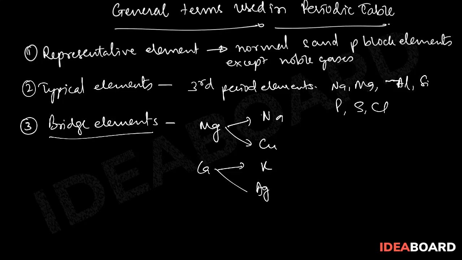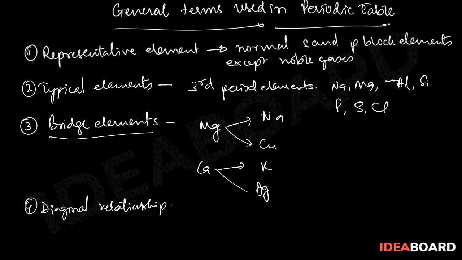Then the fourth term, diagonal relationship. Diagonal relationship is between elements of the second period and third period. A second period element shows a relationship with a third period element which is present diagonally.